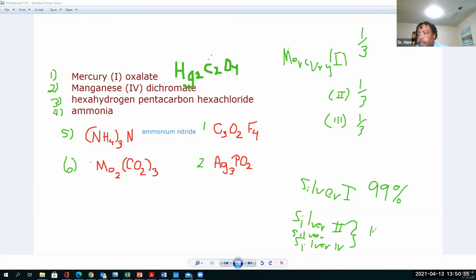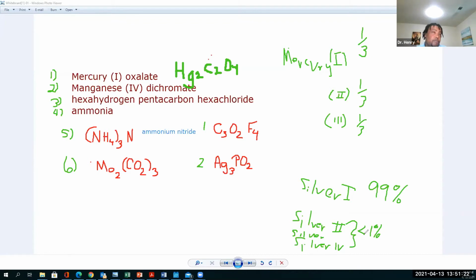Are all going to be less than 1%. Okay, so significantly less than 1%. Added together, they're all going to be less than 1%. So anytime that you're talking about silver, you're mostly talking about what? Silver 1. So that's the reason why if you're talking about silver, you just say silver chloride.